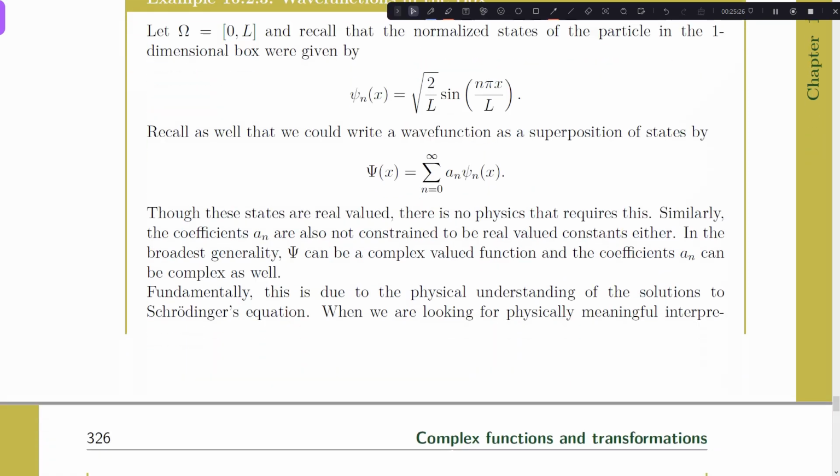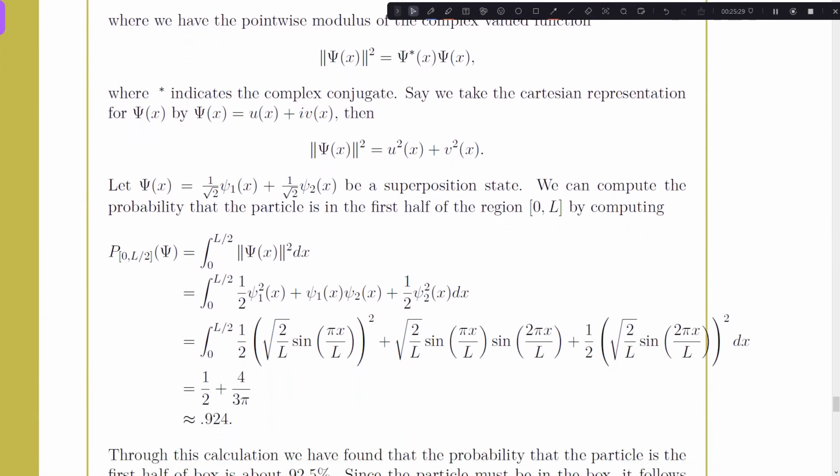I'm going to ask myself the question, what is the probability that the particle is in the region, where's my box? Here's my box. This is 0, this is L. The region is 0 to L over 2, which is half of the width of my box.